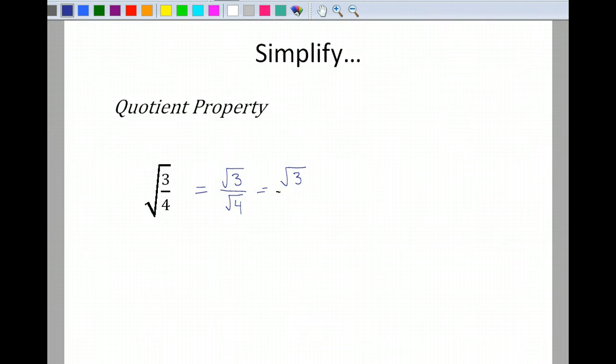Oh, what's the square root of 4? 2. So the square root of 3 over 2 is my final answer. Notice how we went from the square root of 3/4 to the square root of 3 over the square root of 4.